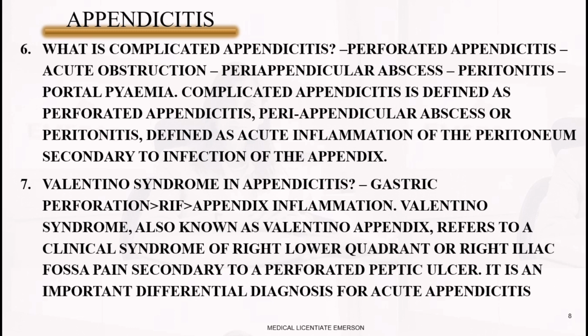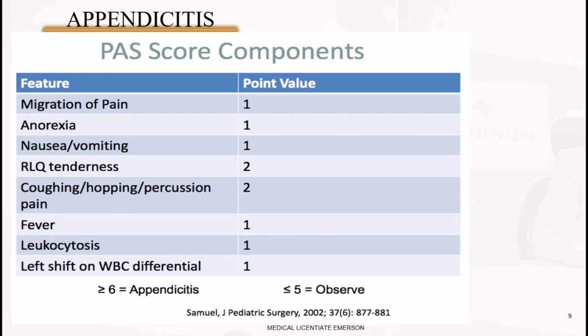That's called Valentino syndrome, also known as Valentino appendix. The other way we can define it is a clinical syndrome of right lower quadrant or right iliac fossa pain secondary to a perforated peptic ulcer, which is an important differential for acute appendicitis.